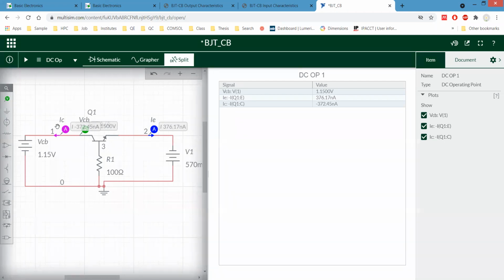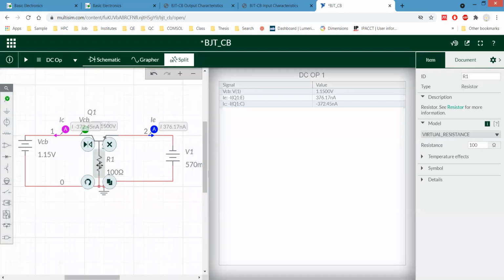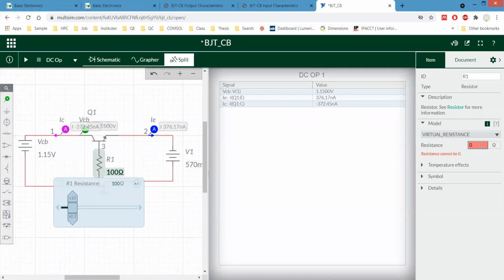We have made this one forward biased and this one reverse biased. But still, why is it happening? We are measuring the voltage VCB across this one. Now, what will happen if we remove this resistor value? Let's make it zero. Resistance cannot be zero.